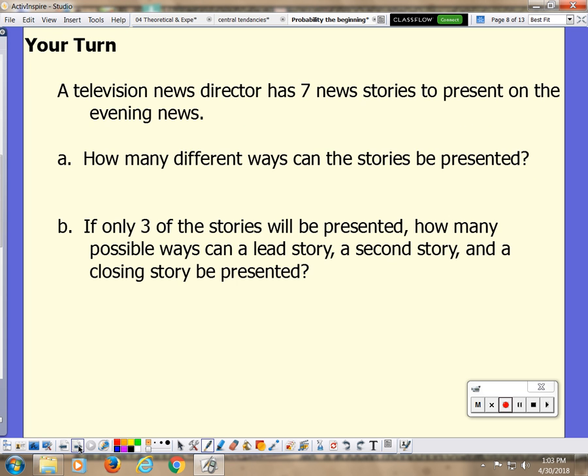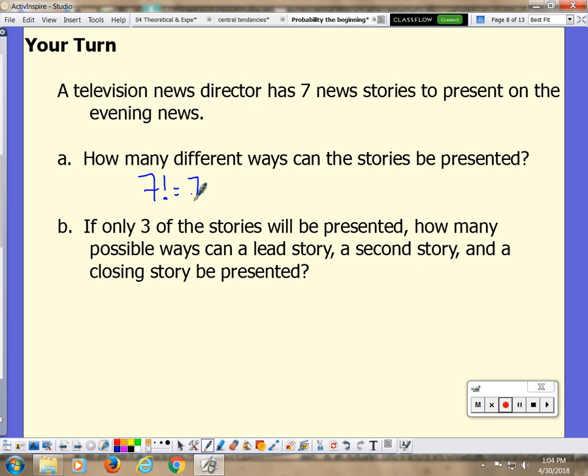So next slide, of course, is your turn. So take a moment. I'll read it to you, and you can read it to yourself, and then try to work these out. A television news director has 7 news stories to present on the evening news. How many different ways can the stories be presented? So how many different ways can I present those 7 stories? How would I write that? You're right, that's 7 factorial.